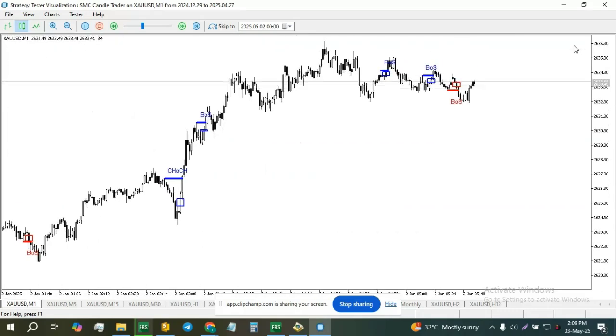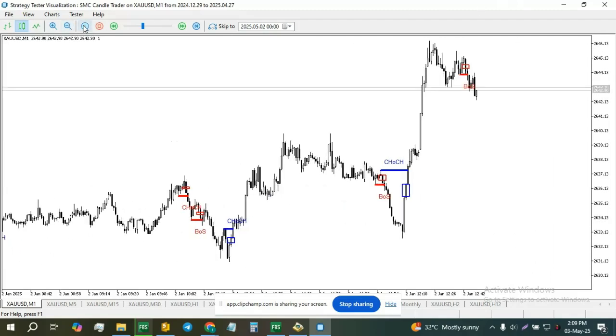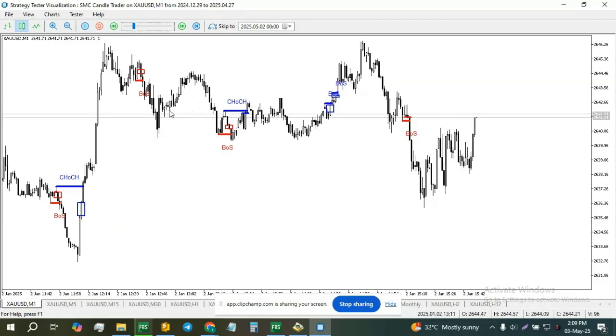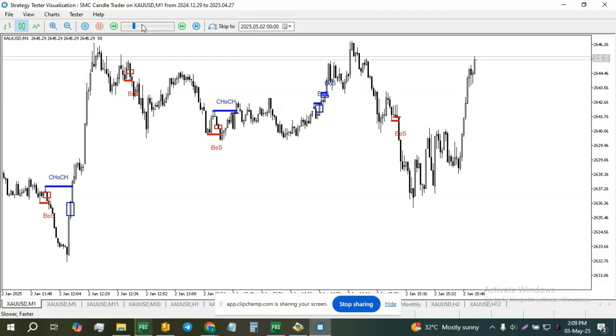This EA identifies 11 different candlestick patterns on the higher time frame and executes the break of structure and the change of character on the lower time frame.